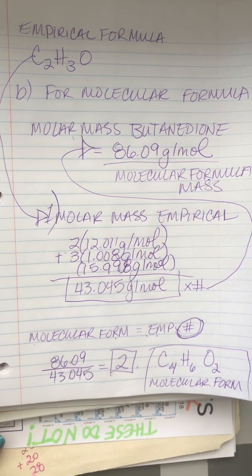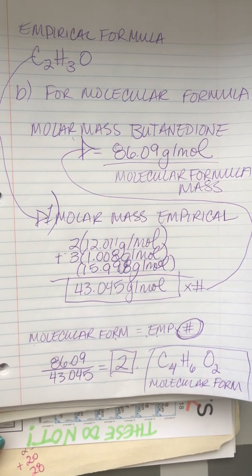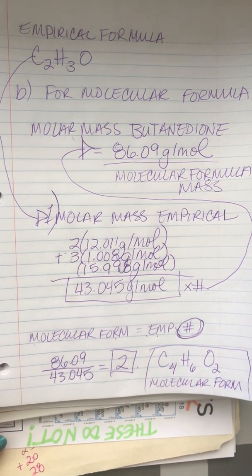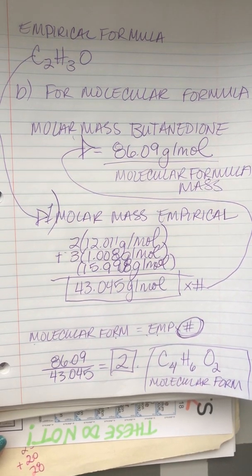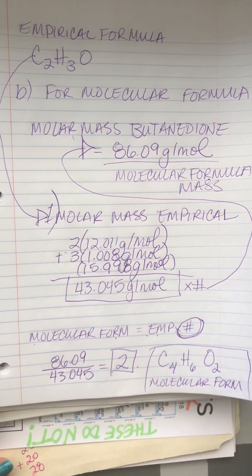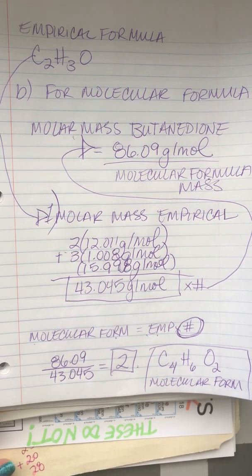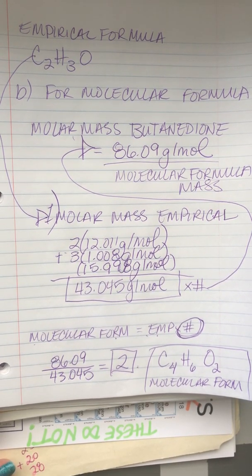So Avogadro's number is really only useful when you're talking about atoms and molecules, and we only do that so that you've seen it. So that part of the molar coaster is going to go down in terms of its relevance. Other questions about this, guys?